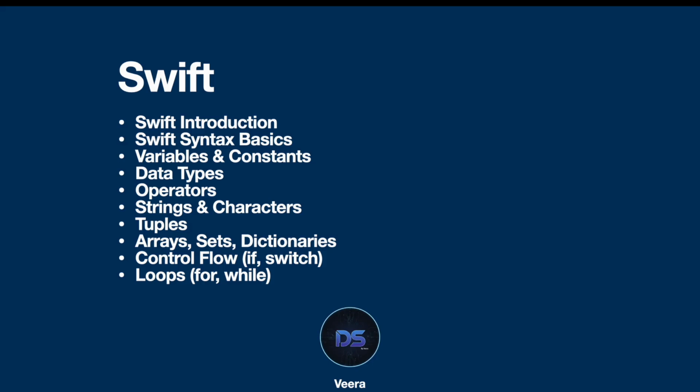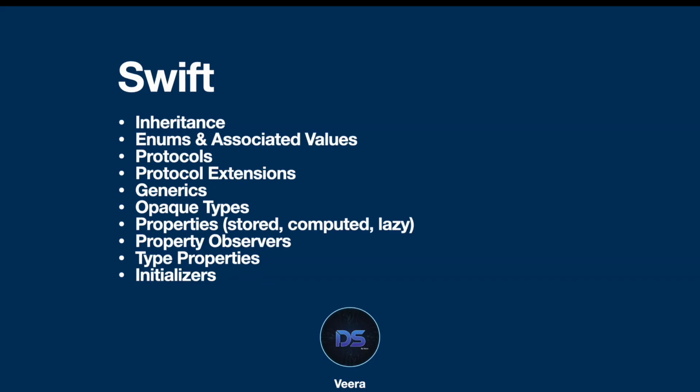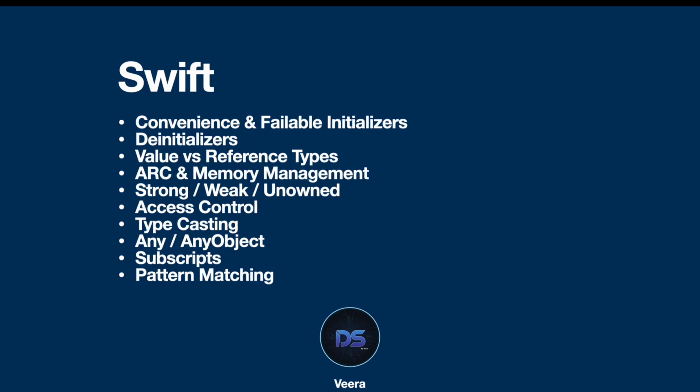So today's session is about the road map for learning the Swift language. Almost all topics we will cover in the upcoming sessions. For example, these are some topics, and these are some more main topics, and these are important topics, and these are also very important topics.